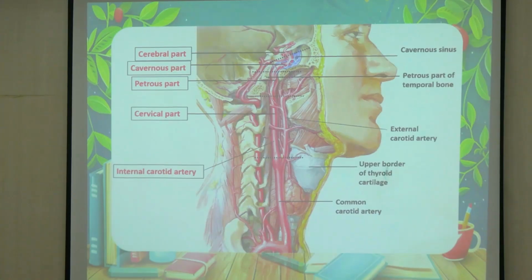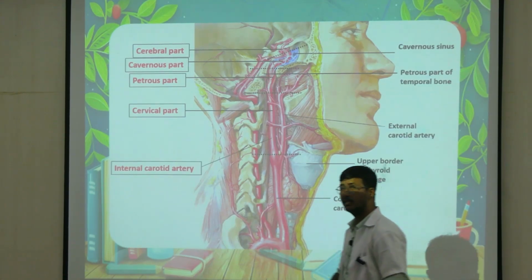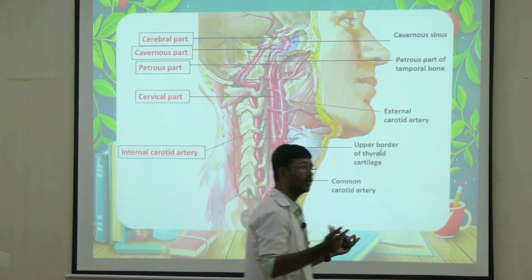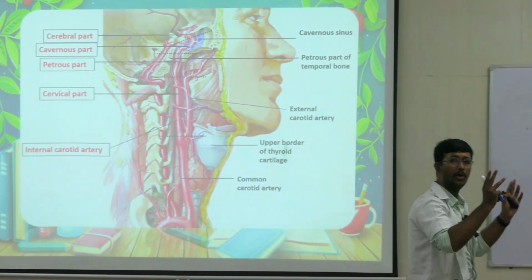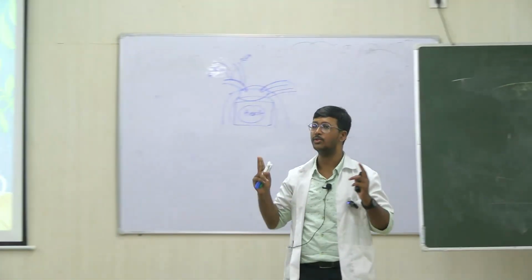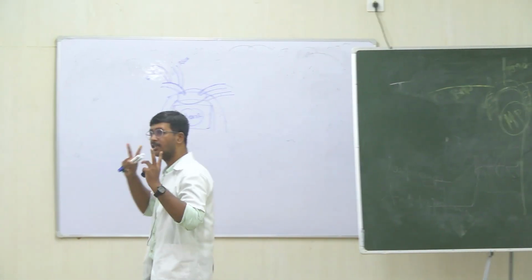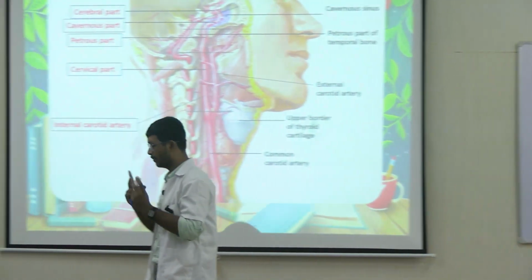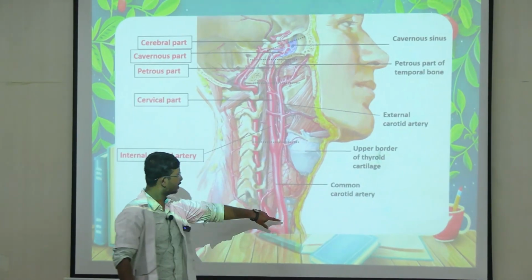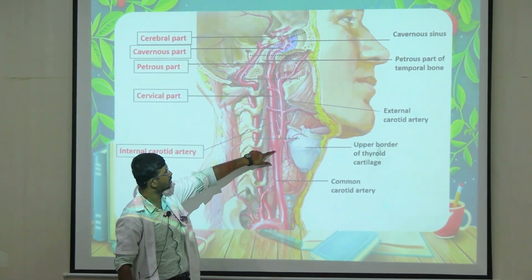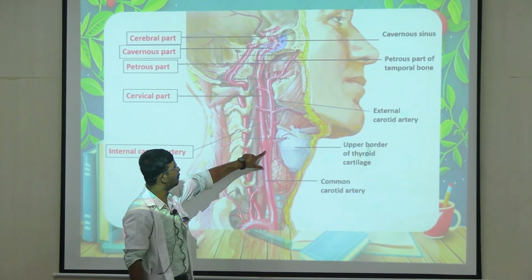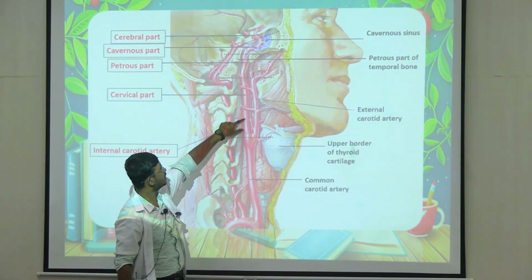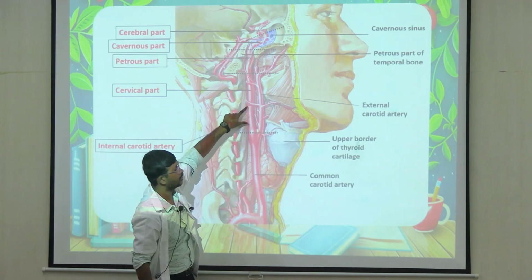Now, these two common carotid arteries, your right common carotid artery and your left common carotid artery, go upwards and each divides into two different arteries: your external carotid artery and your internal carotid artery. This common carotid artery goes upwards and, at the level of the upper border of your thyroid cartilage, divides into your external carotid artery and your internal carotid artery.